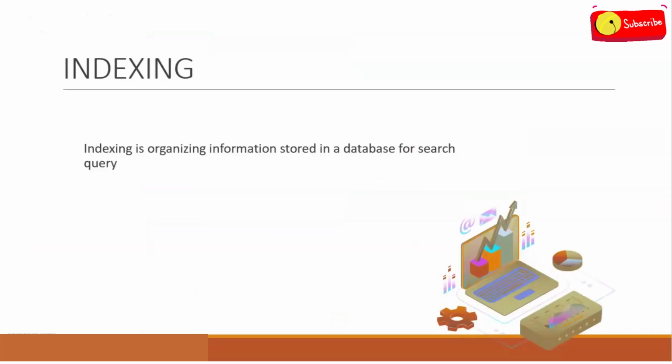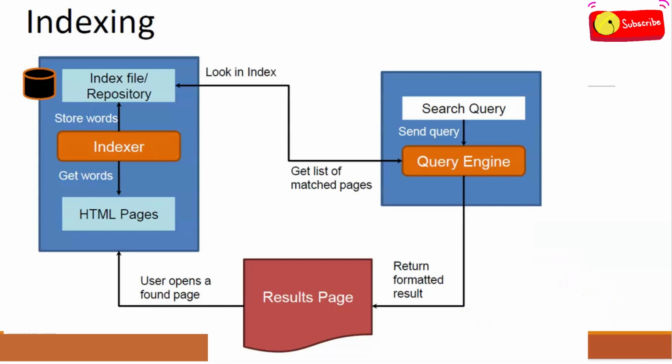Next is indexing. Indexing is just like indexing pages in your notebook. Google first crawls your pages, gathering information, and on the basis of the quality and relevancy of the content, Google indexes your site. Indexing is organizing the information stored in a database for search queries. And how does Google do indexing?